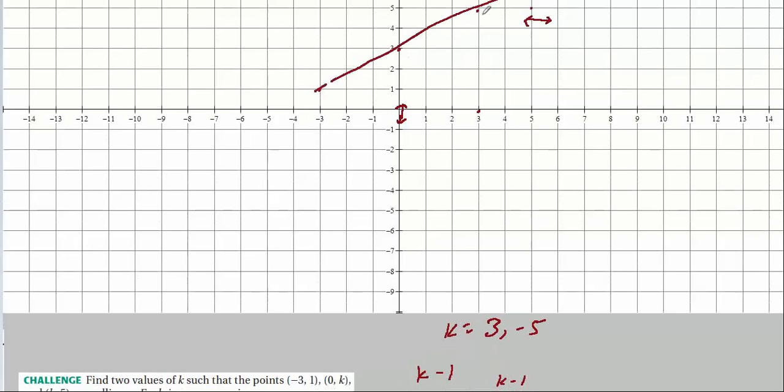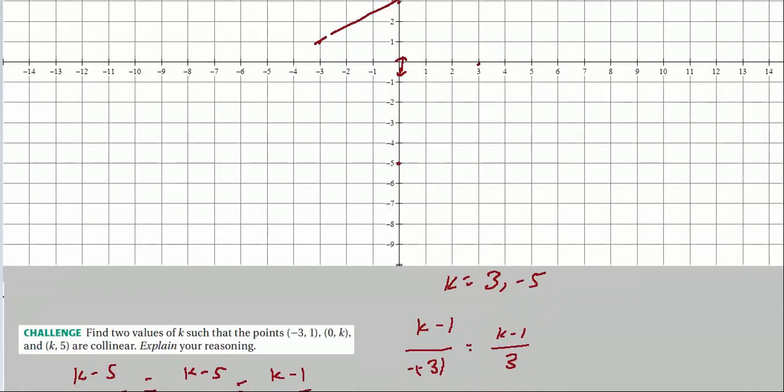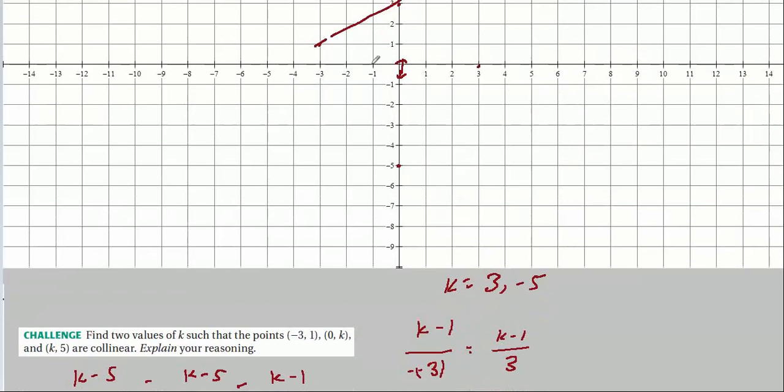What about minus 5? Well, here's 0. Minus 5. And minus 5, 0. And this is wrong. It's not minus 5, 0.